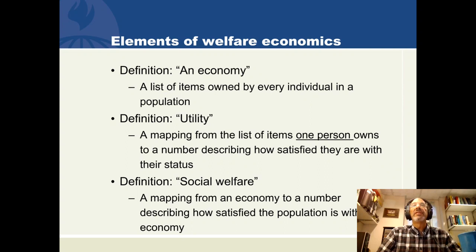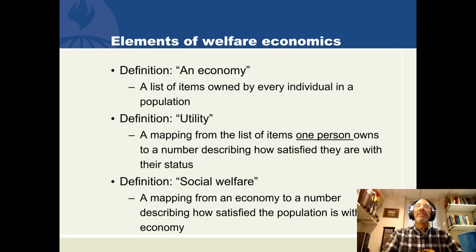So fundamental to this entire set of thinking is that there is private property ownership, and people acquire items. They could acquire services, but mostly items that they own, and the act of owning these items creates satisfaction that can be measured with a number. This is fundamental to what we're going to be doing throughout economics.